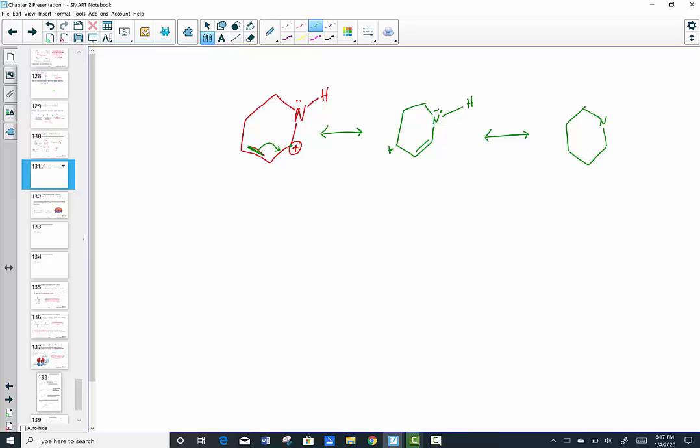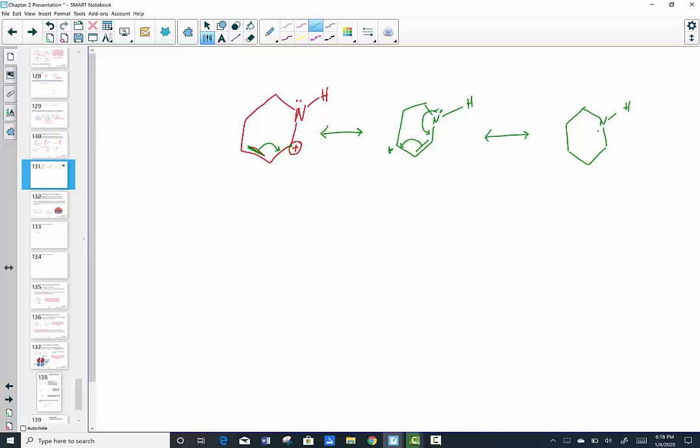Now notice these dots will never go this direction, never ever, because hydrogen will never form a double bond. So this here will come in as a double bond, and this then will form a lone pair.